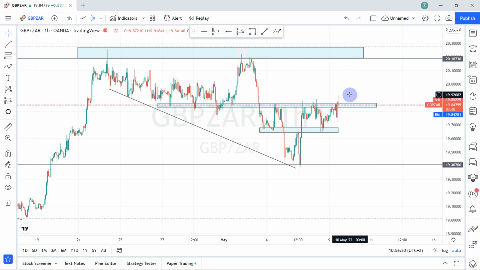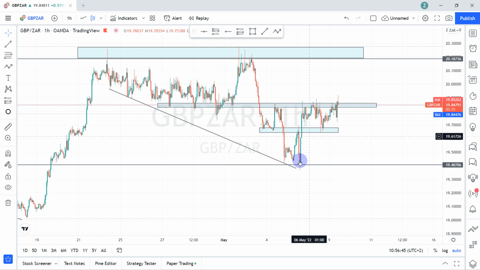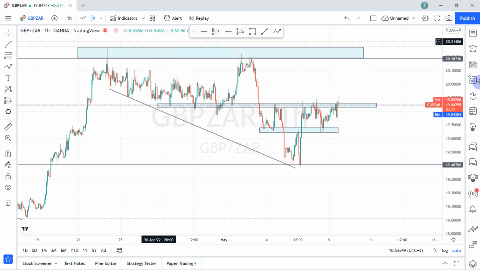But one thing that you would notice is that the US dollar to the ZAR, the GBPZAR and the EURZAR pairs are similar, just like the US30 and the Nasdaq, they're similar. So if you're looking for sells on the GBPZAR, you should also probably look for sells on the USDZAR or the EURZAR pair.